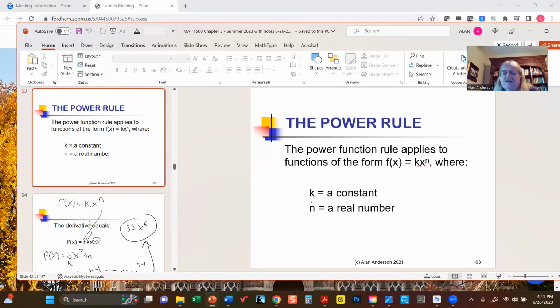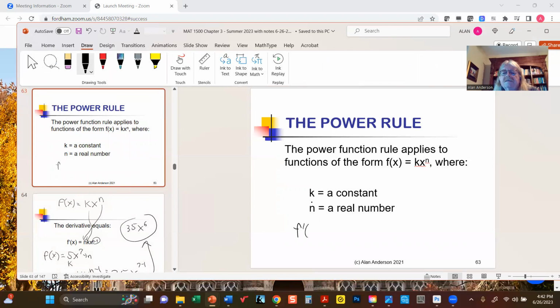You notice that we'll write this as x is raised to the nth power, and k is the coefficient in front of x to the n, which could be 1, by the way. And so what will happen is when we take the derivative, we're going to multiply the entire expression by the exponent n, keep the constant k, and then the exponent of x is reduced by 1. And that's all there is to it. It looks very messy, but it really isn't that difficult.